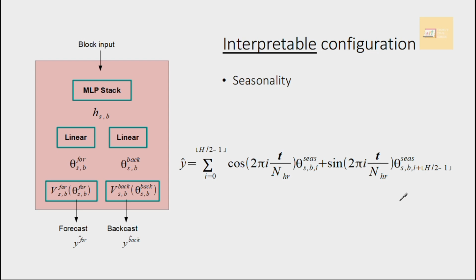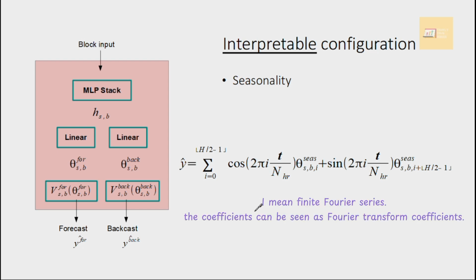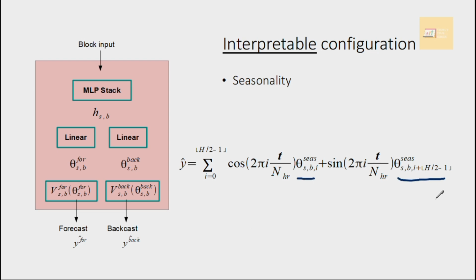Okay, let's move on to the next basis, the seasonality. We have this equation, and we can think of this basis expansion as fitting a discrete Fourier transform series. However, the theta is arranged a little differently. Usually in Fourier transform, we would have cosine, sine, cosine, sine, because we have the cosine of this value followed by a sine function, always going back and forth.